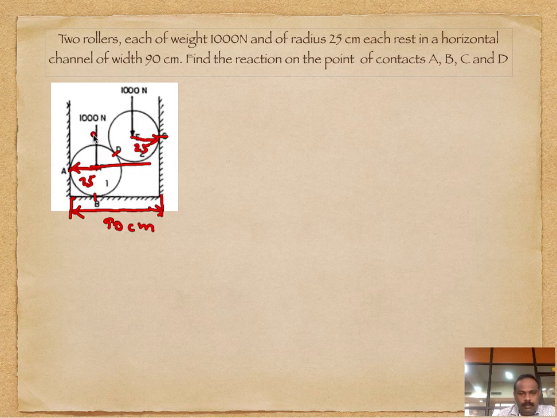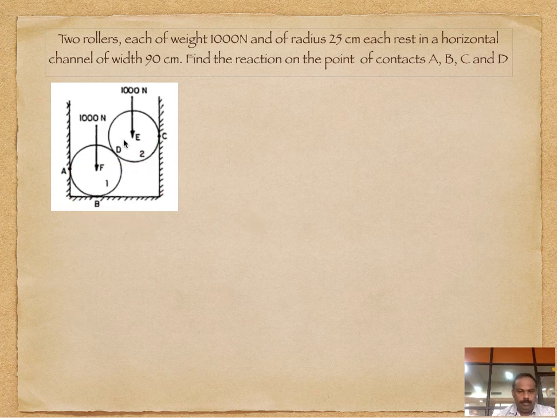So what we are going to do is draw horizontals through the center of each ball, join these two centers, and you can drop a perpendicular from here. So we need to find this theta. That is the first stage we need to cover. So let's do that first. So I'll redraw.